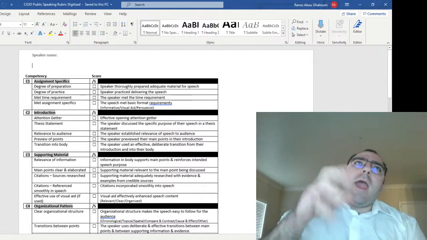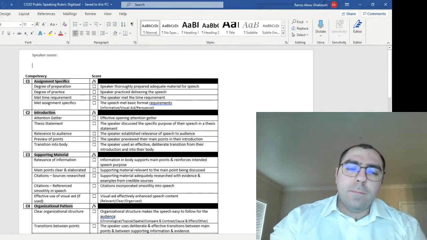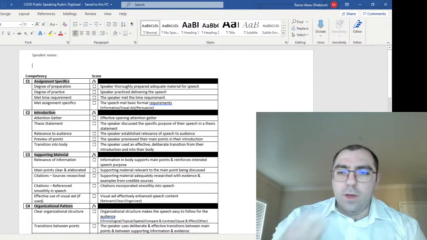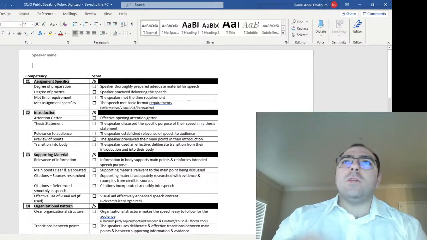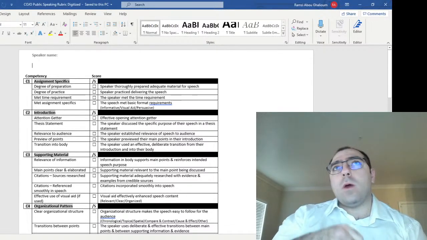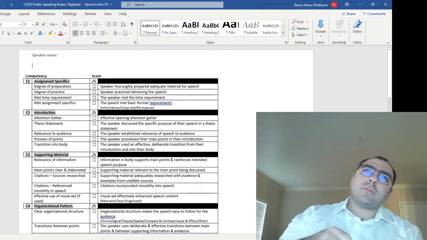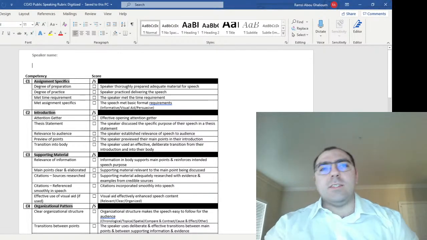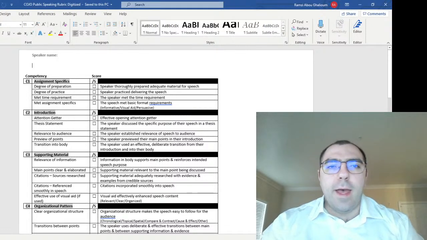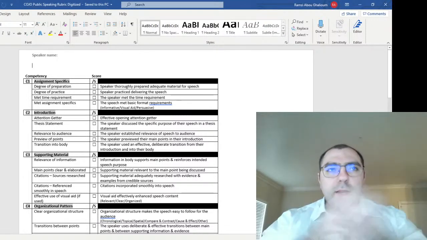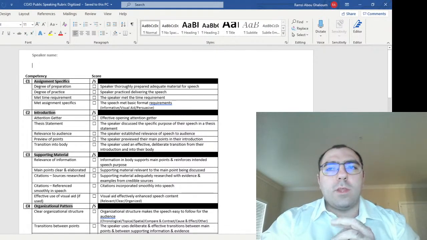That is a handwritten form of the rubric. What I did when I first got to UAF, because I wanted to convert to a green classroom, is I digitized it, and made it easier to work within a digital format.